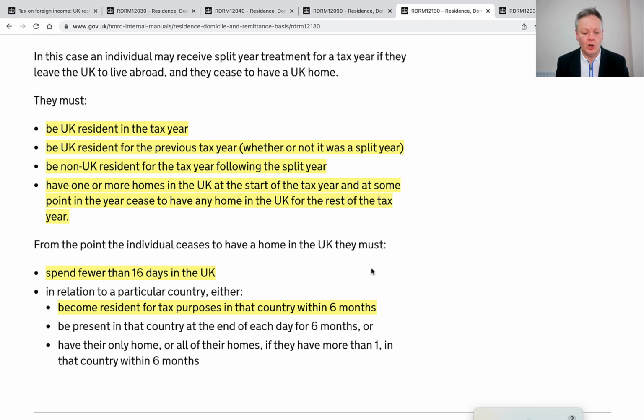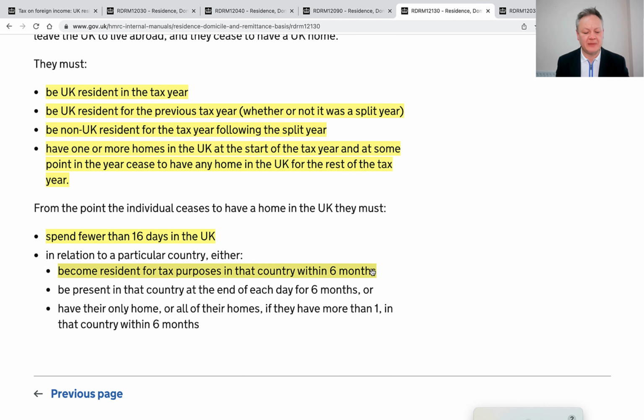Have one or more homes in the UK at the start of the tax year, and at some point in the year, cease to have any home in the UK for the rest of the tax year. So I've disposed of my home in that tax year, whilst I'm moving abroad. And of course, you need to spend fewer than 16 days in the UK. That's really important. But again, there is this notion of 46 days if you've not been tax resident in the previous 3 tax years. So always think about that as well.